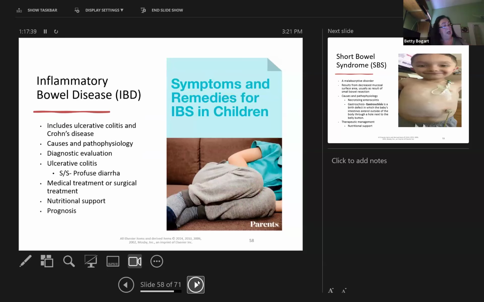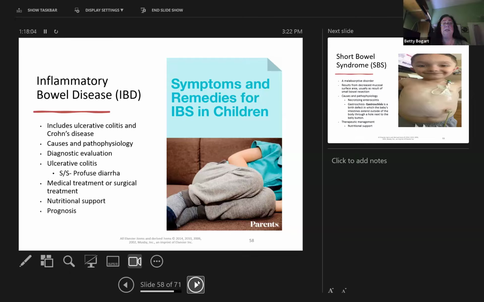IBD. Ulcerative colitis and Crohn's disease. This is something with the intestines. They're inflamed, causing pain. A lot of times they have a lot of diarrhea. Usually, diet can help them. Sometimes medical treatment.